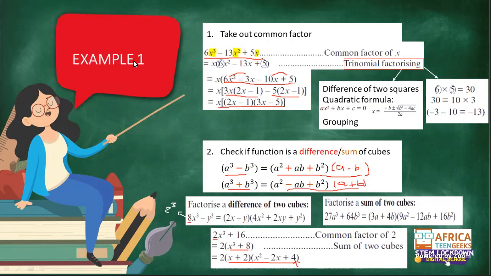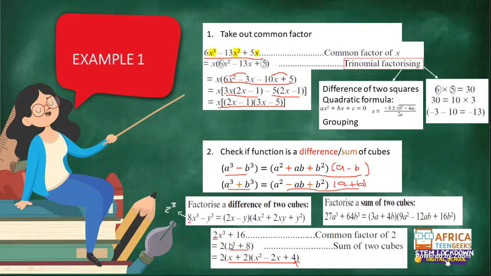Okay, there's a question from Lorraine. Lorraine? Hello, ma'am. Yes. The last step, where did you get that 2x? Remember, the 2, it's from factoring out the 2, because if you say 2 times x cubed, it will give you 2x cubed. 2 times 8, it's 16.